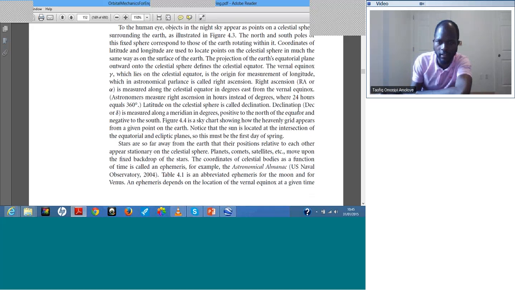Declination is either capital DEC or delta, and it's positive to the north of the equator and negative to the south of the equator.